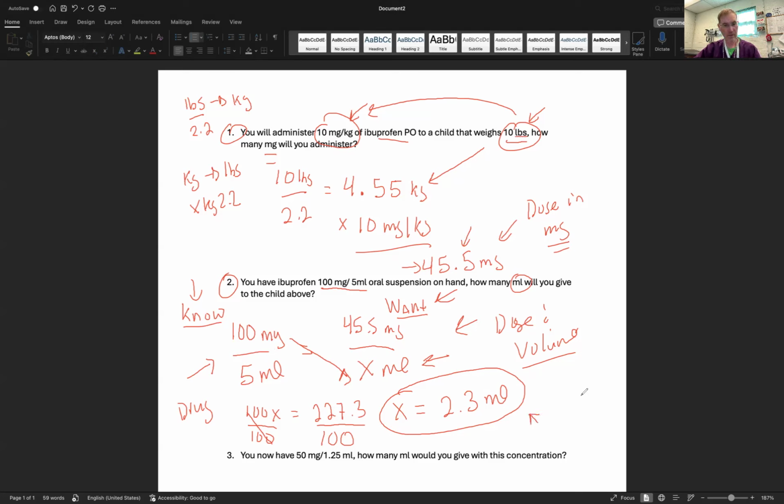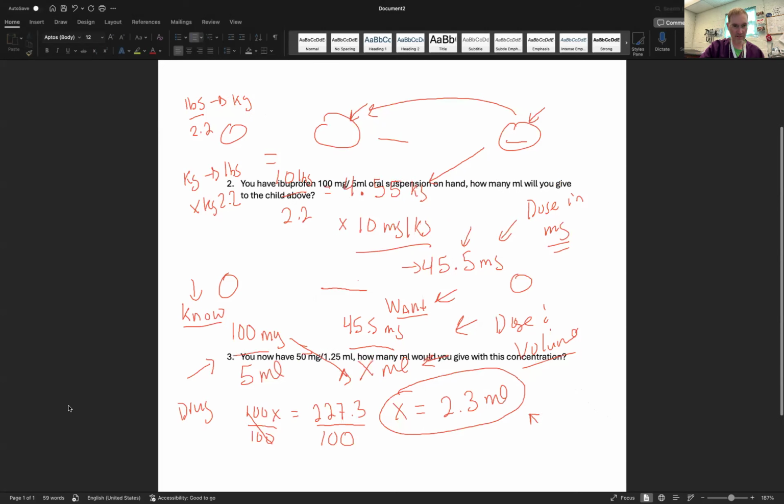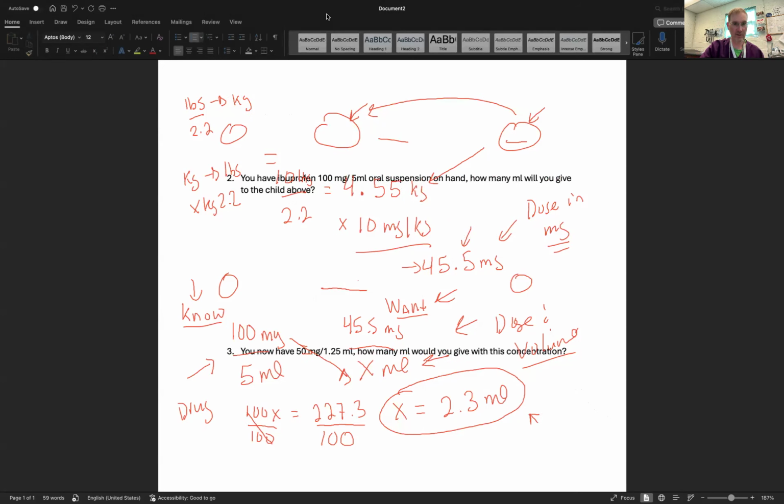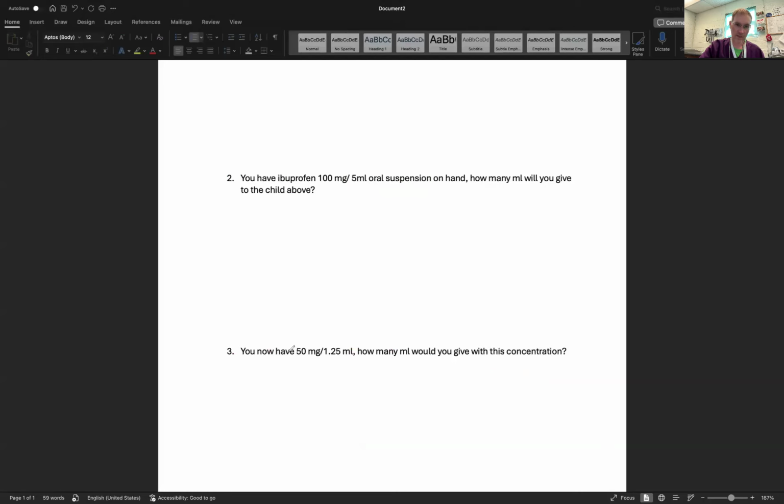All right. And then part 3 for this question is a different concentration. So let me go ahead and get rid of these annotations here. Part 3 says you now have 50 milligrams per 1.25 milliliters, instead of 100 milligrams in 5 milliliters.